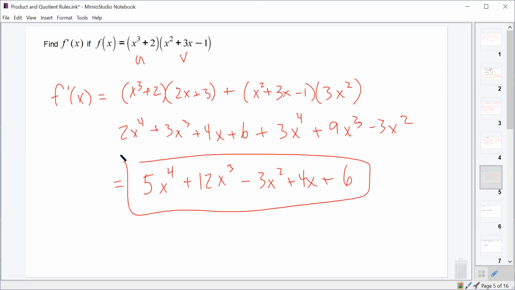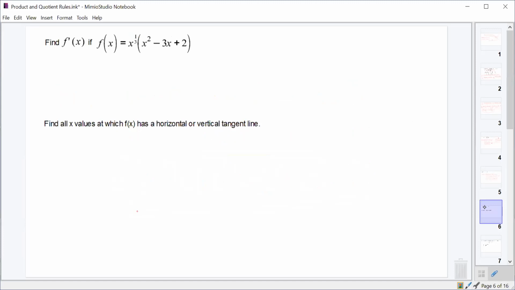Looks good. All right. Let's do one more of these. And then we're going to not just find the derivative, but also figure out when it has horizontal and vertical tangent lines.